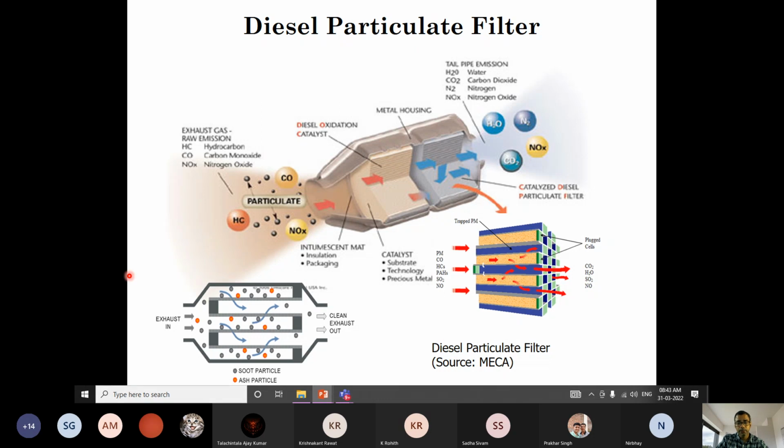Till Bharat 4, particularly in passenger cars, EGR and DOC for the diesel engine were sufficient to fulfill the emission regulation. Even in Bharat 6, it is sufficient for light duty vehicles.